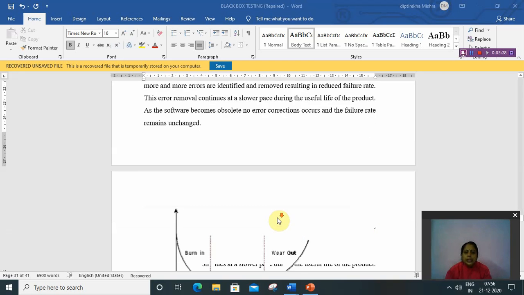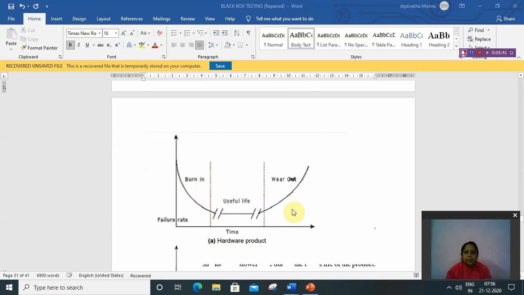So let's discuss the figure. This is the bathtub shape of the hardware product reliability. In the starting stage, when the hardware device or component comes to the market, it may have many faults because it is in the testing phase. After removing the faulty components from the hardware, it enters into the useful life, where the reliability is stable, constant. That is the useful life of the hardware.